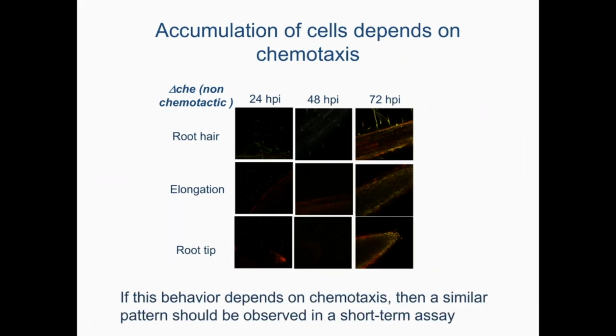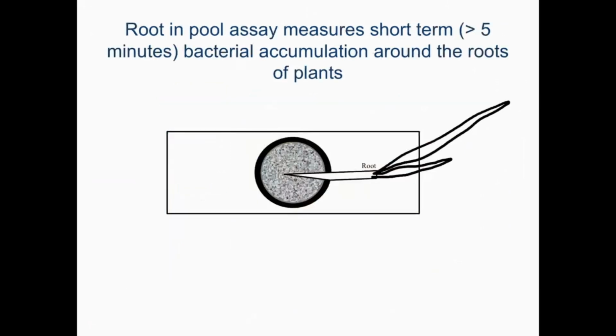So if this behavior that we see here on the plant depends on chemotaxis, then we should be able to see a similar pattern with an assay that's even shorter term. And for that, we just adapted an assay that resembled the capillary assay, but instead of using the capillary, we use an entire root, and we put it in a pool of motile bacteria, and then we measure accumulation around the roots of plants within 5 minutes of placing the root into that pool.